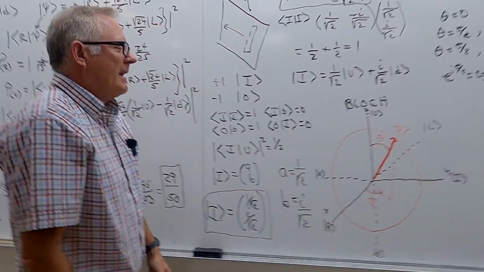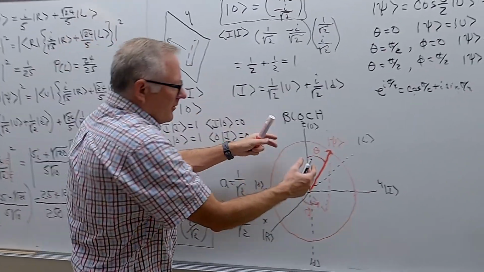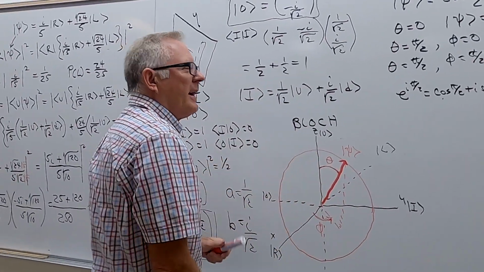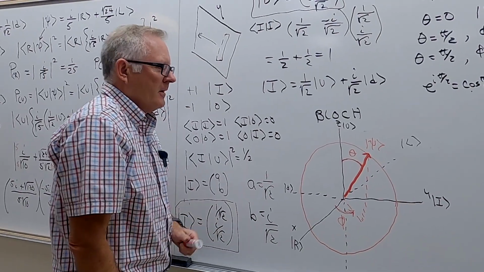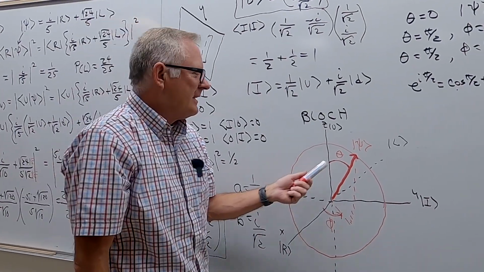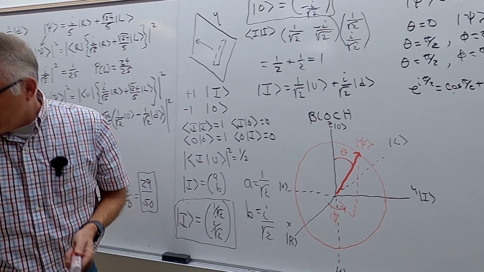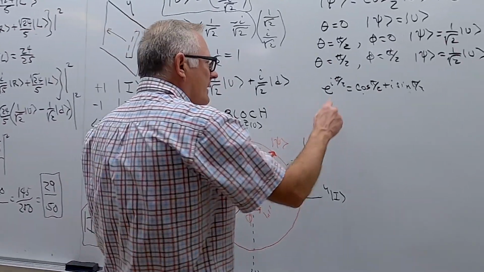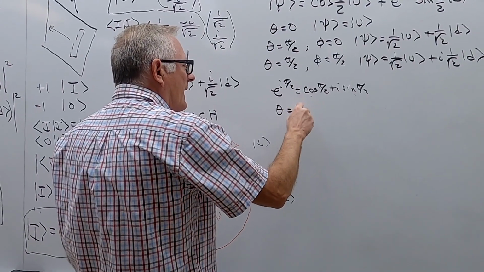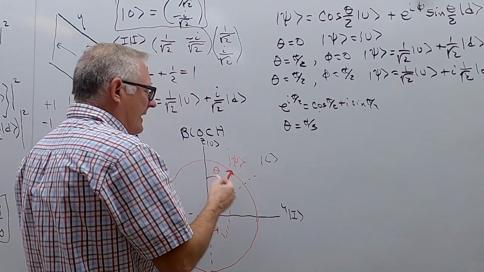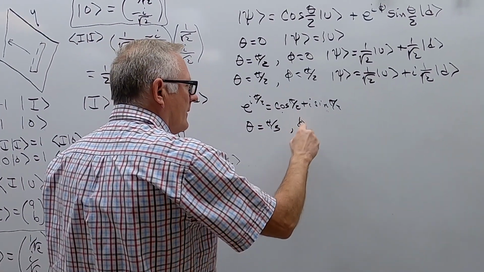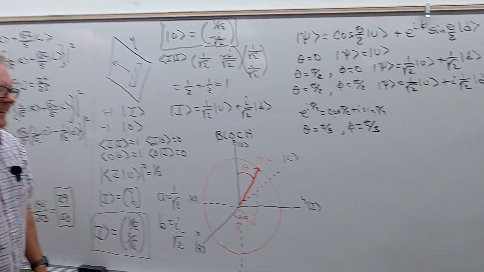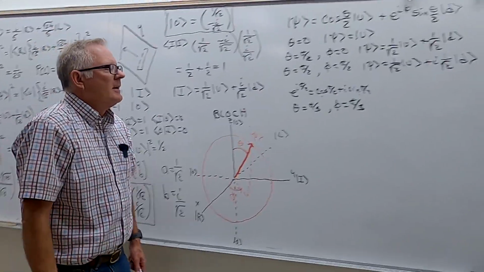So by taking my sensor over here and putting it at some strange angle, I could prepare any state I wanted. Suppose we came along here and we just said, well, let's let theta be pi over 3. Let's let theta equal pi over 3, and let's let phi equal pi over 3. Okay, just try to make easier ones right here.